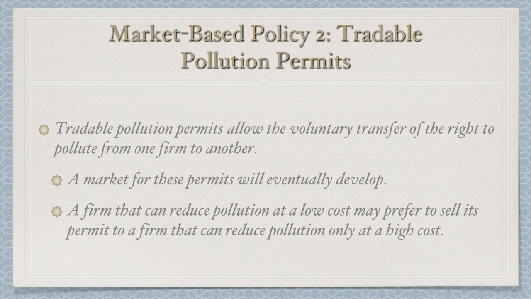If they find ways to save, they can then sell their permit to other companies, right? There's going to be a resale market for these permits. So firms that find ways to cut down on pollution will find it beneficial. They can sell their permits to other companies, and they're going to save money in their production.